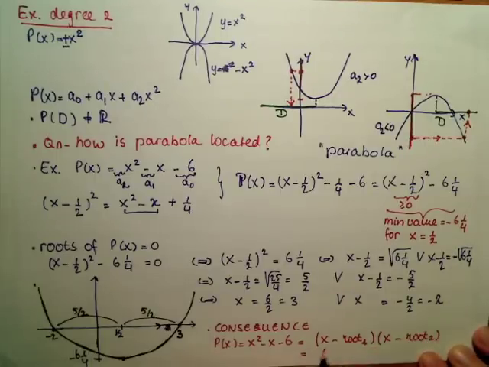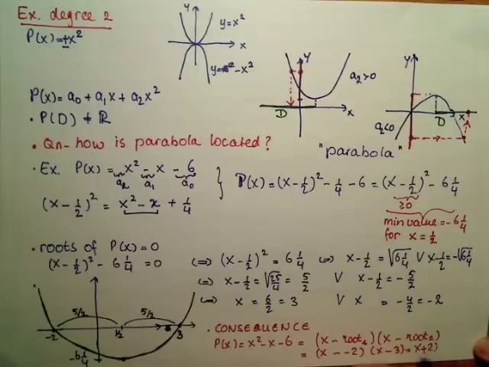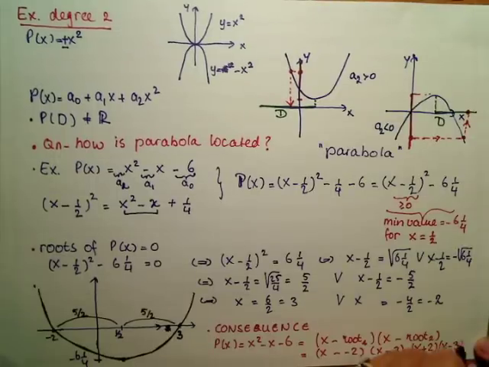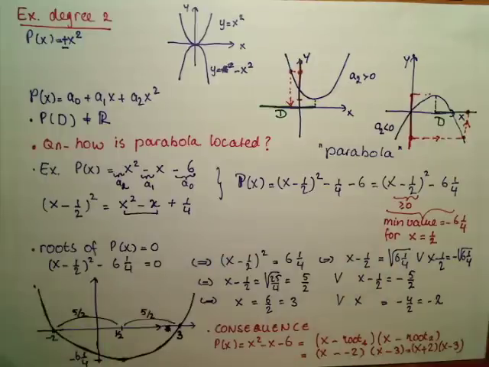And so what are our roots? Root 1 is minus 2, so we have x plus 2 multiplied by x minus 3. So there's yet a third way of writing the formula of this parabola.